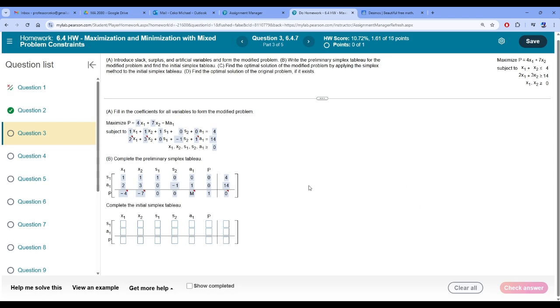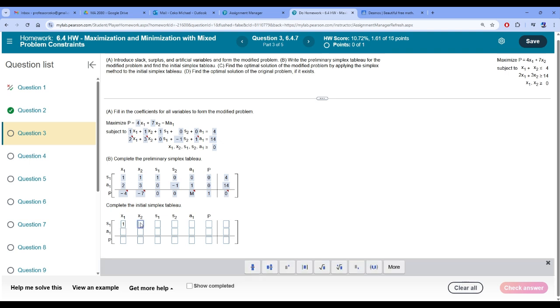Alright, let's continue. Complete the initial simplex. Complete the preliminary. So what's the difference between the preliminary and the initial? Is this the one where I had the answers?